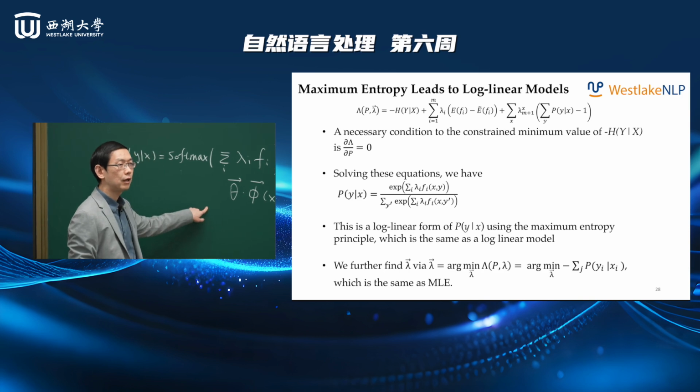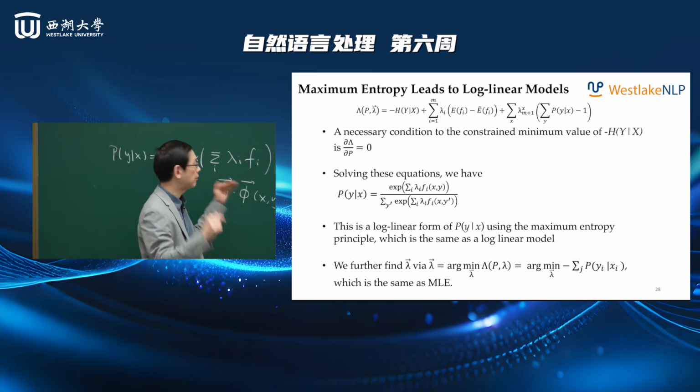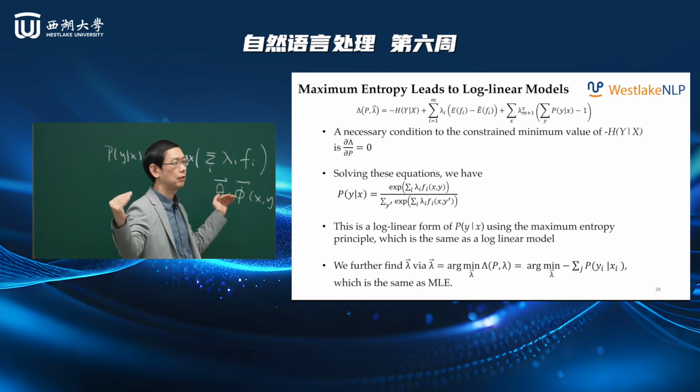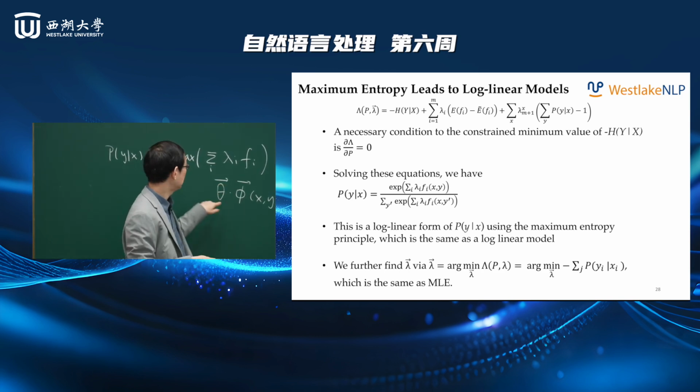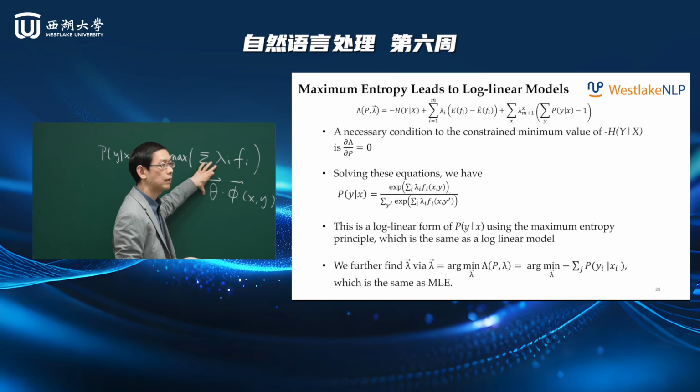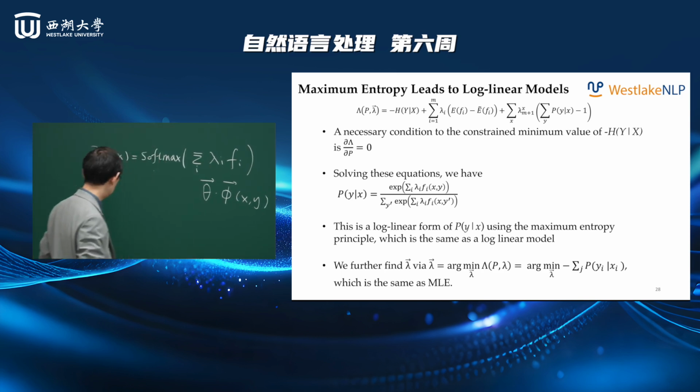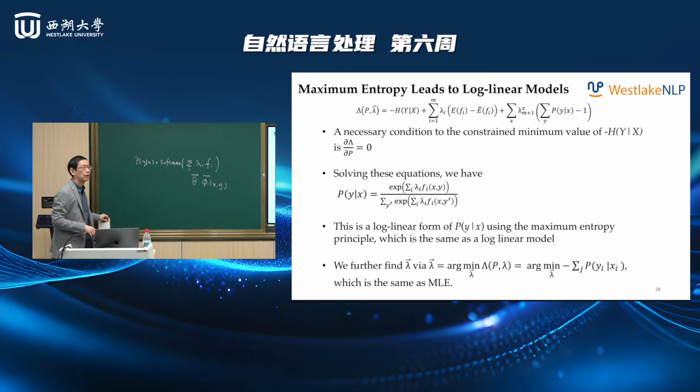This is theta dot phi. Why? Because phi is the vector of f1, f2, f3 until f whatever, right? So what is theta? Theta is a vector of all these Lagrangian multipliers, right? Okay, so amazing, right?